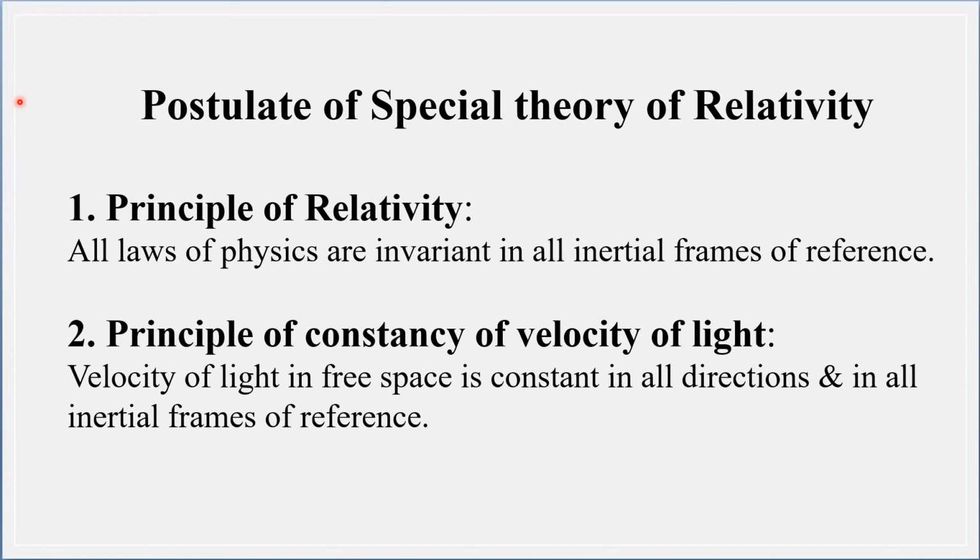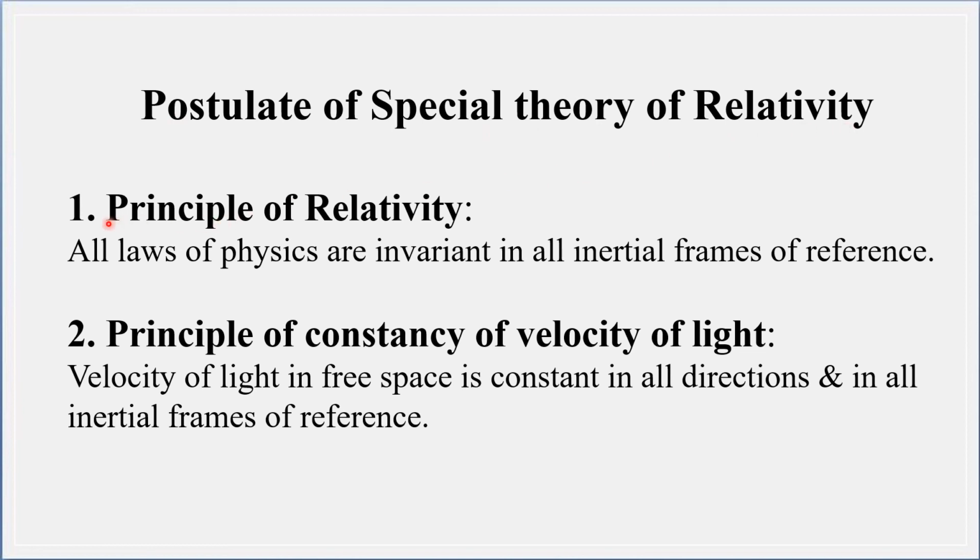The first theory he gave is called the special theory of relativity, which is true for the inertial frame of reference. Now this special theory of relativity is based on the Michelson-Morley experiment and Maxwell's theory of the electromagnetic wave. He used them as postulates. So these are the postulates of the special theory of relativity.